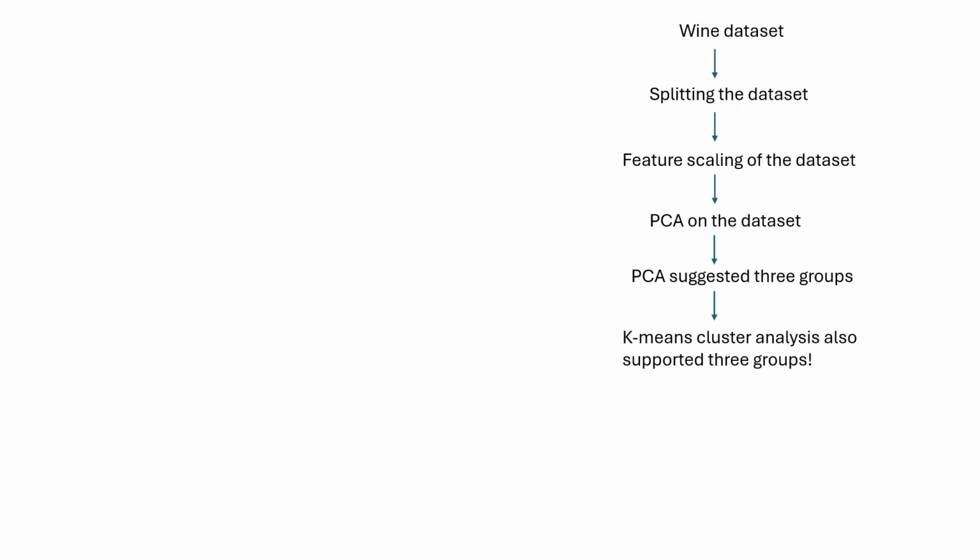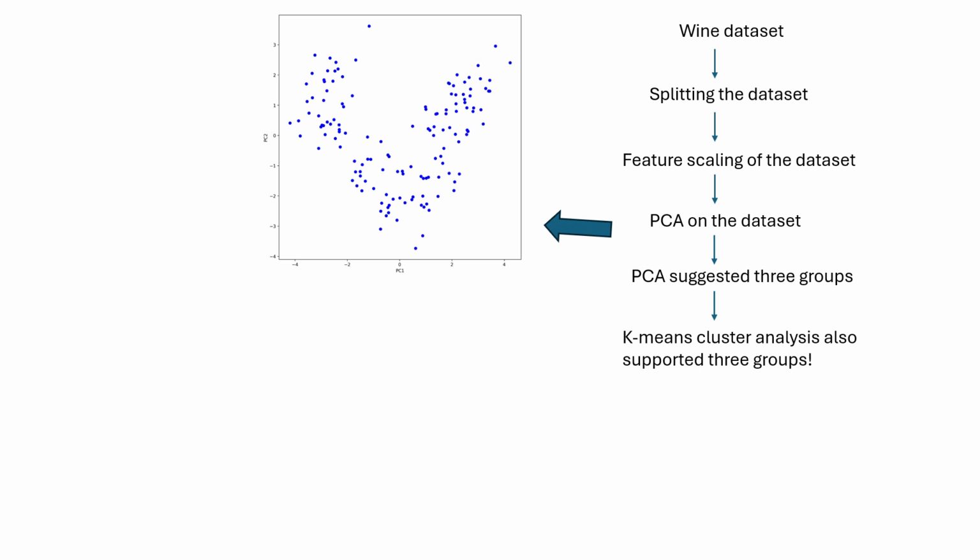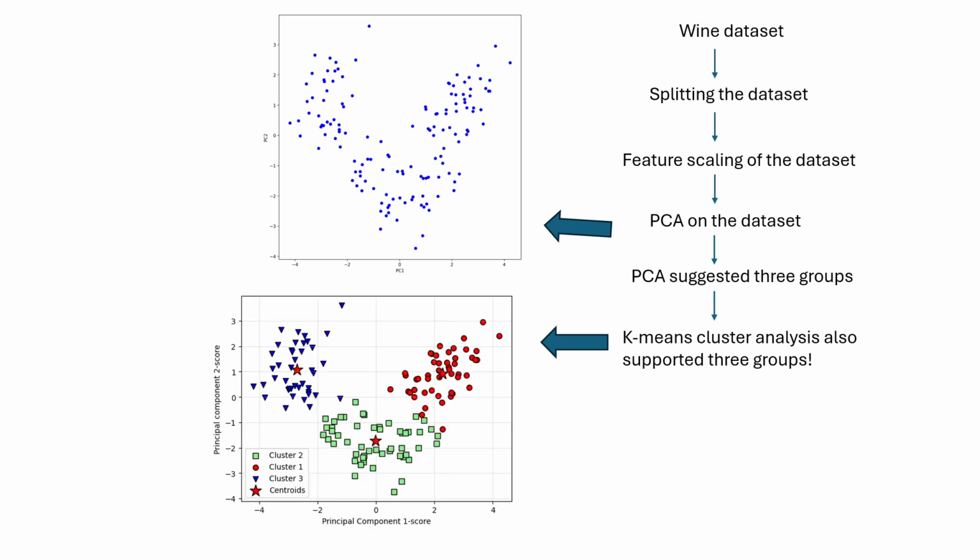In an earlier video, we had seen how principal component analysis reduced the wine dataset to two principal components, revealing a visual pattern suggesting three groups. This pattern was also supported when K-means cluster analysis was run on the first and second principal component scores from that wine dataset.